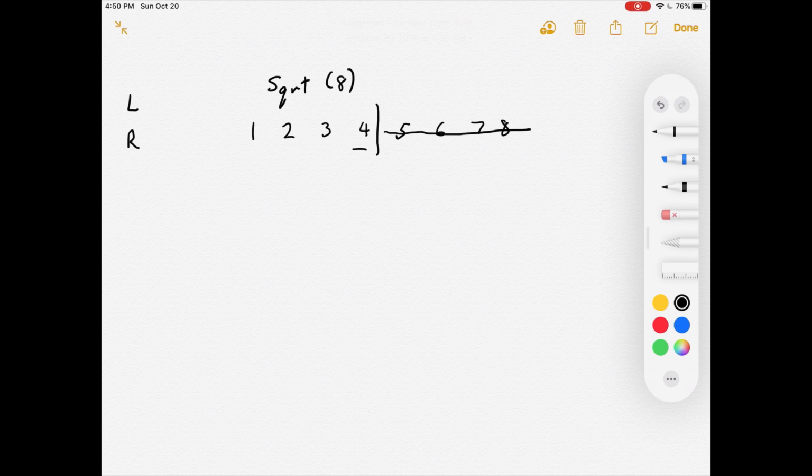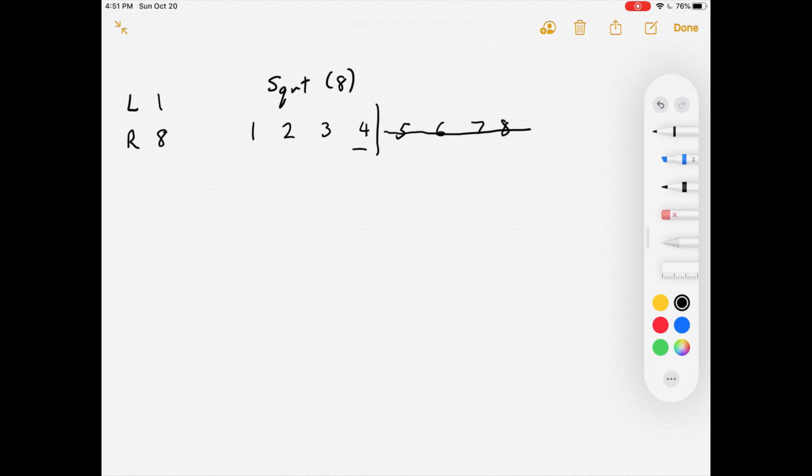And how do we know that? Well, if in the left half of the data set the greatest number is already too big, then we know that the numbers to the right of it, which are even bigger, are definitely going to be too big. So at first, our leftmost data point was the number 1, and our rightmost was the number 8.